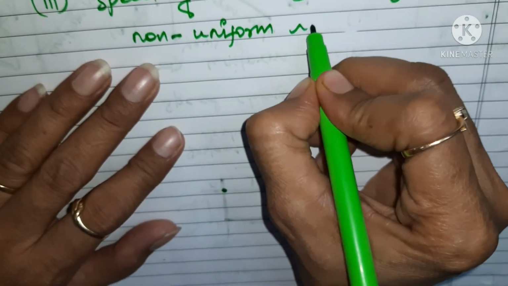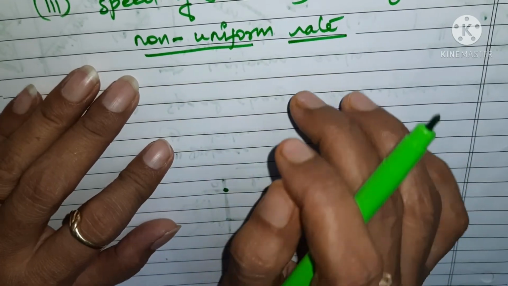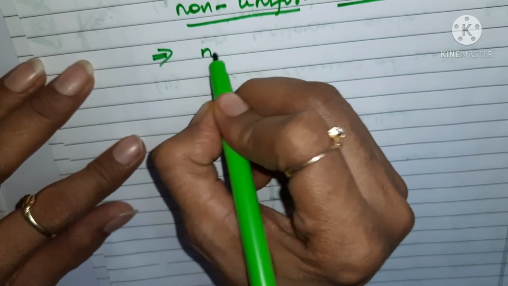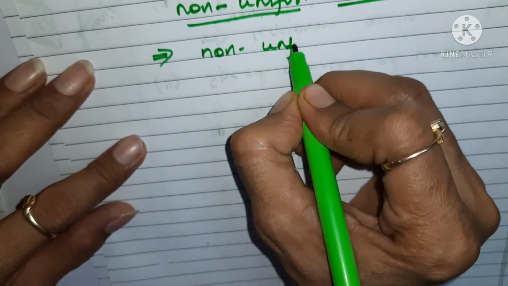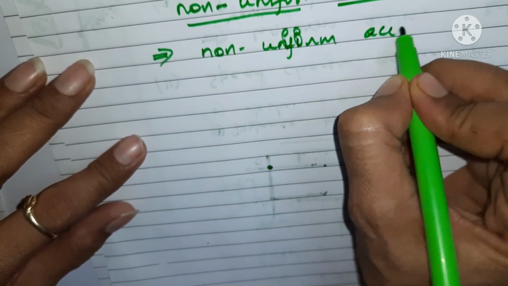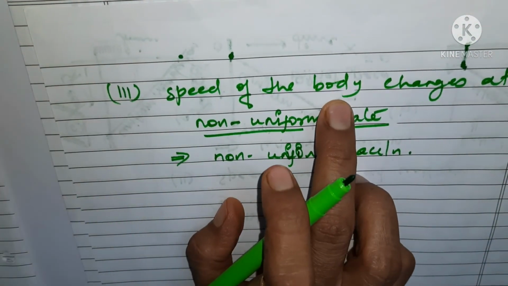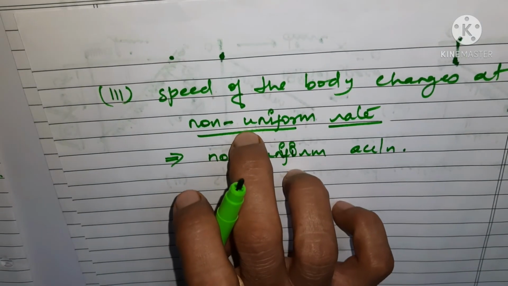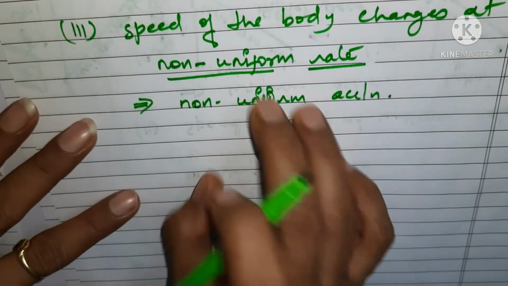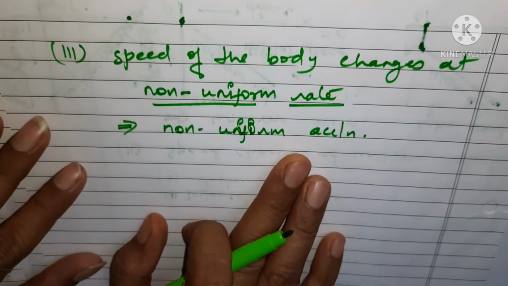The speed changes at a non-uniform rate, so what type of acceleration will it give you? It will give you non-uniform acceleration. Understood? In such cases where the speed of the body is changing, but not at a uniform rate, you will get acceleration, but it is going to be non-uniform acceleration.